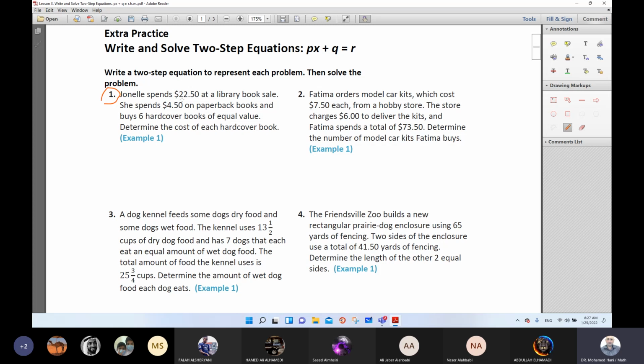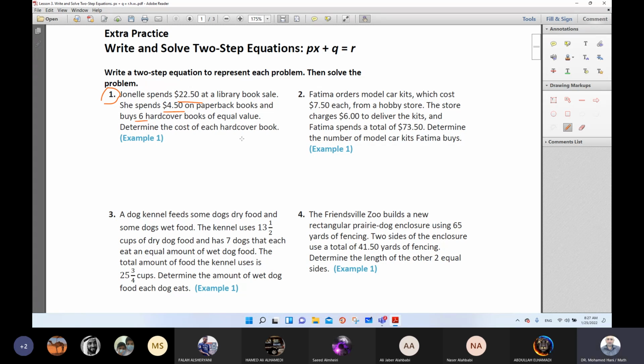Julie spends $22.50 at a library book sale. She spends $4.50 on a paperback book and buys 6 hardcover books of equal cost. Determine the cost of each hardcover book.